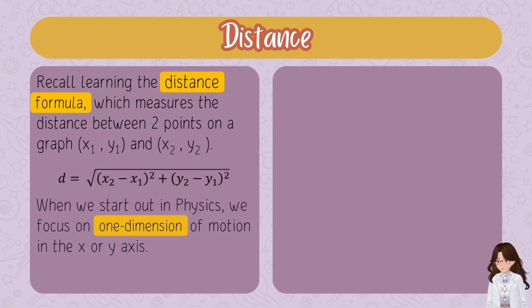When we start out in physics, we focus on one dimension of motion. So we're just going to focus on x, or we're just going to focus on y. Therefore, we can simplify this distance formula to just include one dimension. In this case, oftentimes we start with x. So the distance is now equal to the square root of just the difference in the x positions squared.